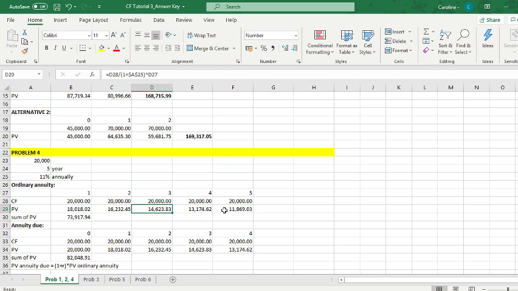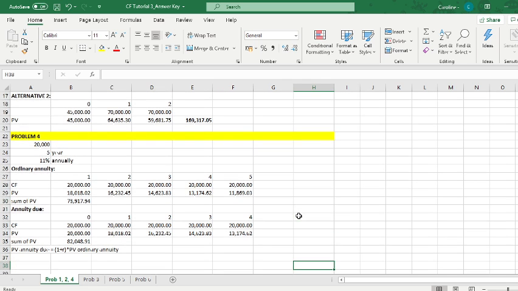For the third year, fourth year, and fifth year is all this. You can follow the basic mechanism, and you need to sum this up, and you find the sum of the present value, which is 73,917.94.